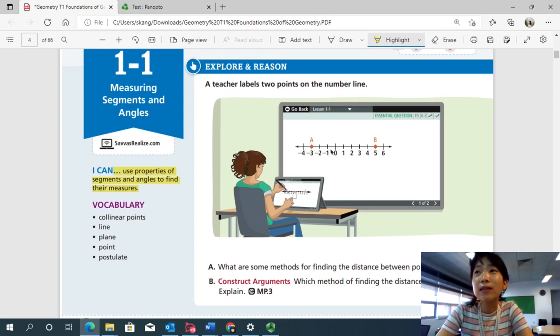She might be counting how far apart they are by counting the tick marks on the number line, right? So like 1, 2, 3, 4, 5, 6, 7, 8. They're 8 away, right? 8 distance away. What are other methods to figure out a distance?